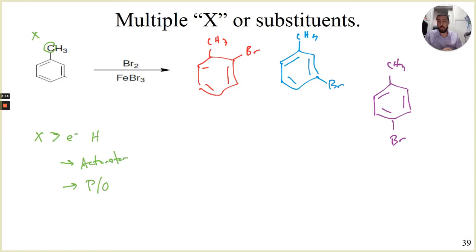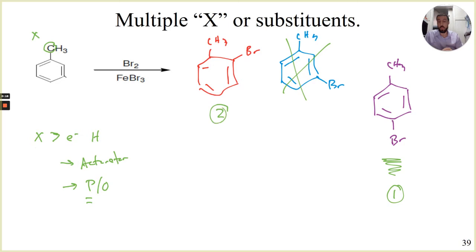So meta doesn't make any sense. We shouldn't be getting any of the meta product. Between the para and the ortho, which should we get? If we've memorized that process appropriately, we said para first. So we should get para as the predominant product, followed by the ortho.